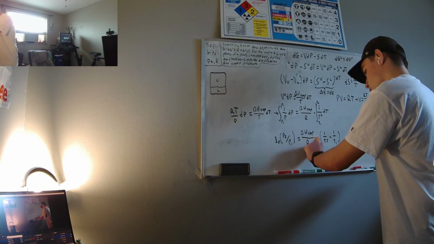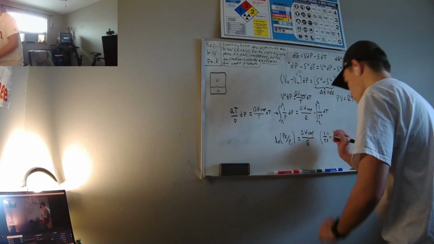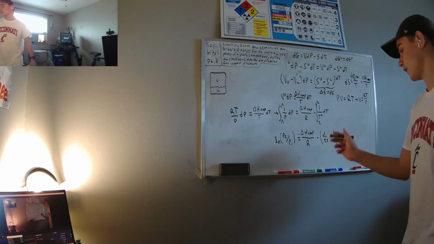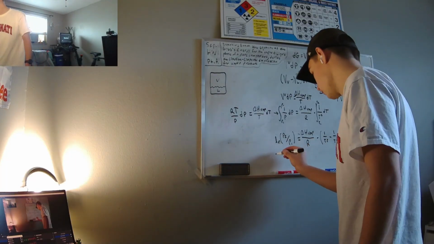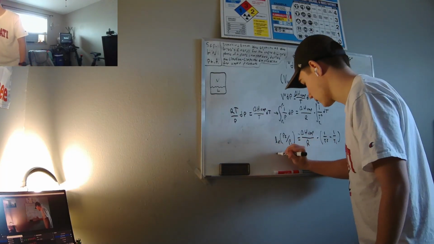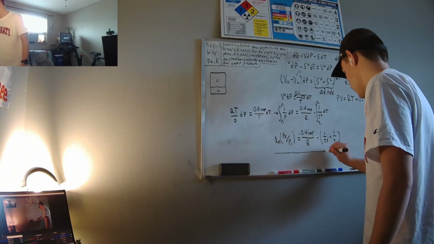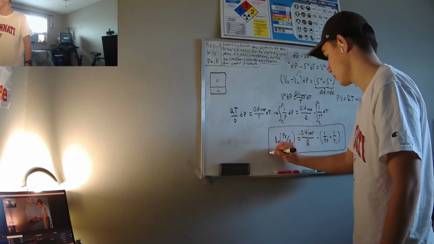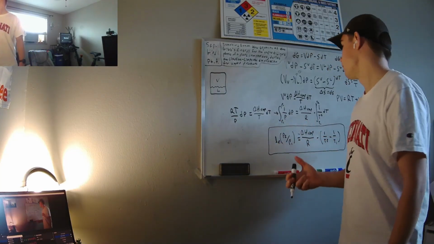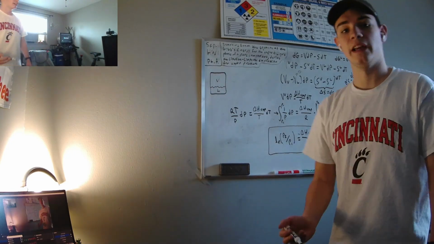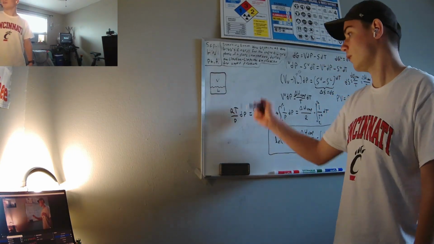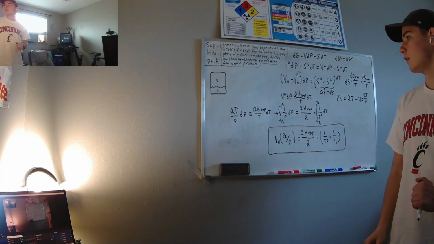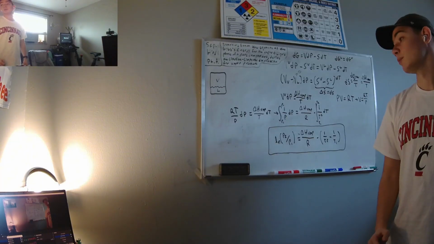And to make this look more like Clausius-Clapeyron, I'm just going to go ahead and move our negative in front of our delta H vap. And here we have a Clausius-Clapeyron expression for the vapor pressure derived simply from the idea that the Gibbs free energy is equal for both the vapor phase and the liquid phase. Now moving on from here, we can look at the second part of our problem for part A.